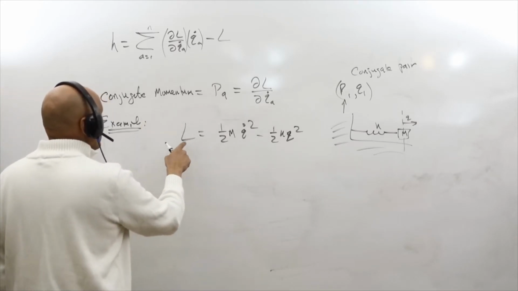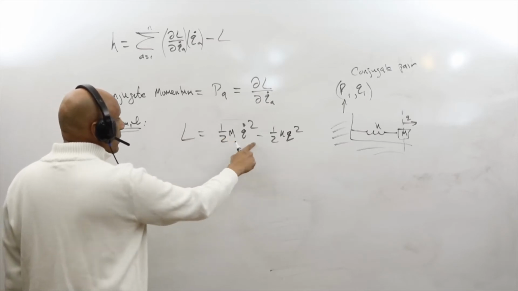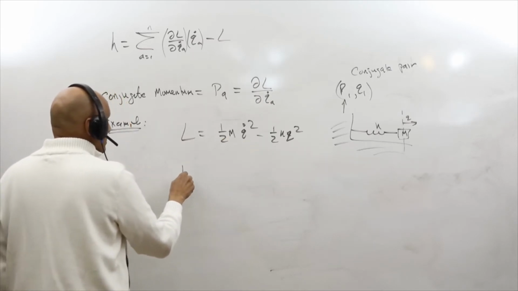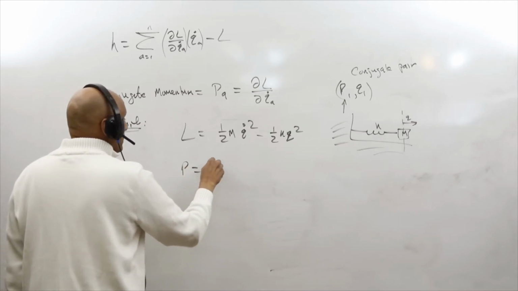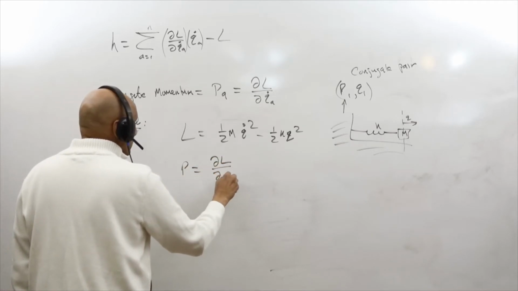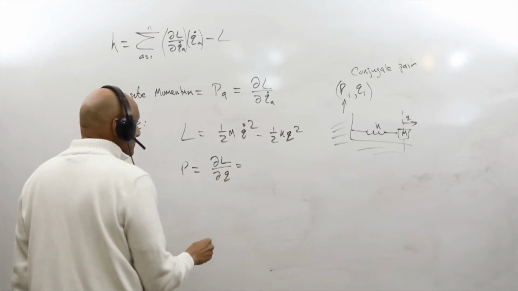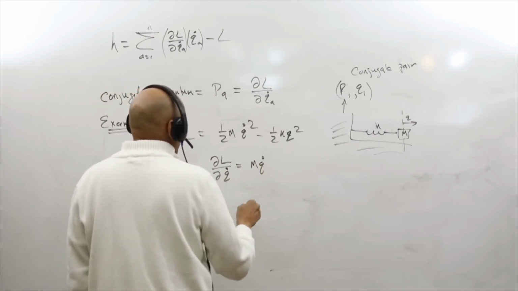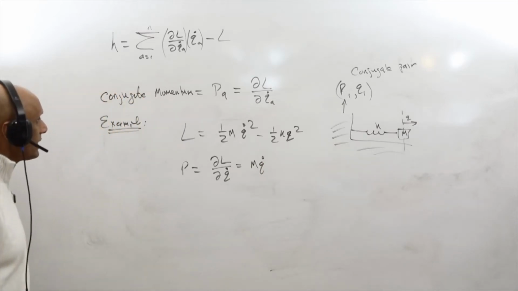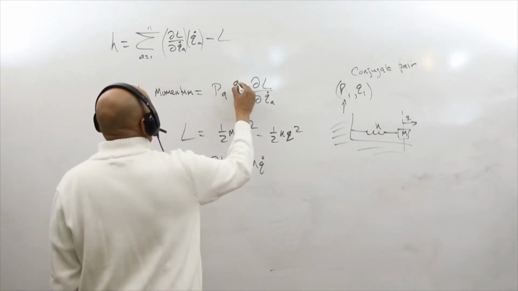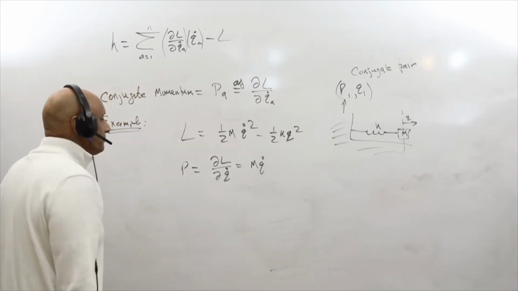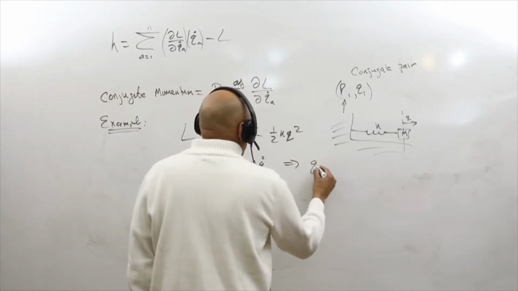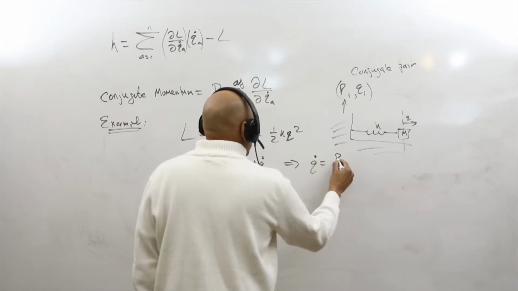There's only one coordinate variable, Q, and so the conjugate momentum is P equal to the partial of L with respect to Q dot, and this is M Q dot. This is from the definition. This means that Q dot is equal to P over M.